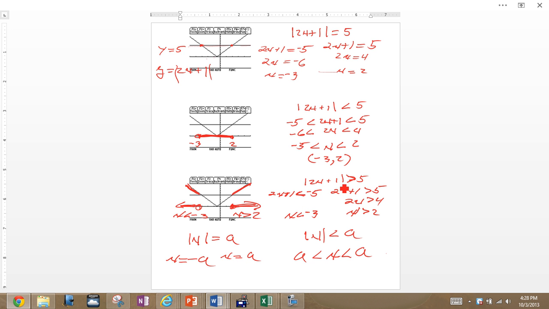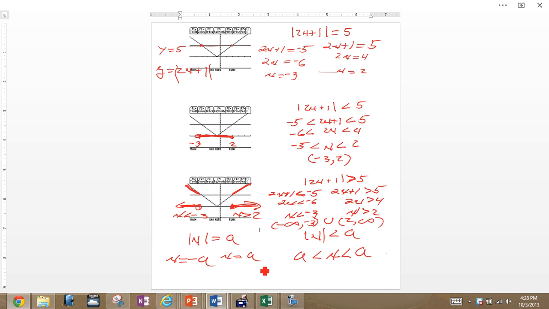So the cost of removing the absolute values is to get two comparisons, one compared to the same value without the absolute value, the other compared to the opposite value with the opposite comparison, proceeding to solve. 2x is less than negative 6, x is less than negative 3, which is the interval from negative infinity to negative 3, not inclusive, in union with the interval from 2 out to infinity.